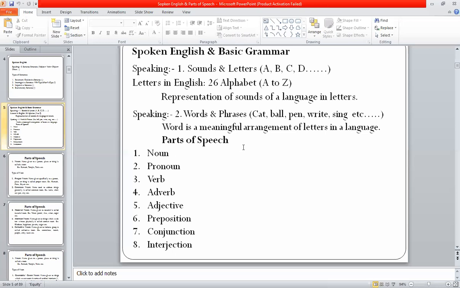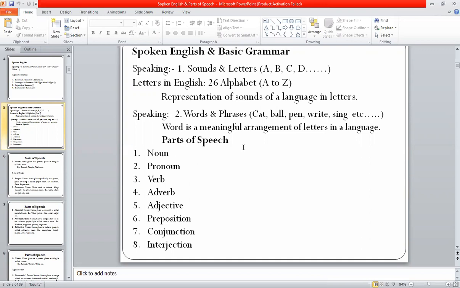We have hands, legs, head, eyes, nose, ears. These are called parts of our body. Our body is made up of these different parts. In the same way, sentences or speech are also made up of different parts, and these parts are called parts of speech.